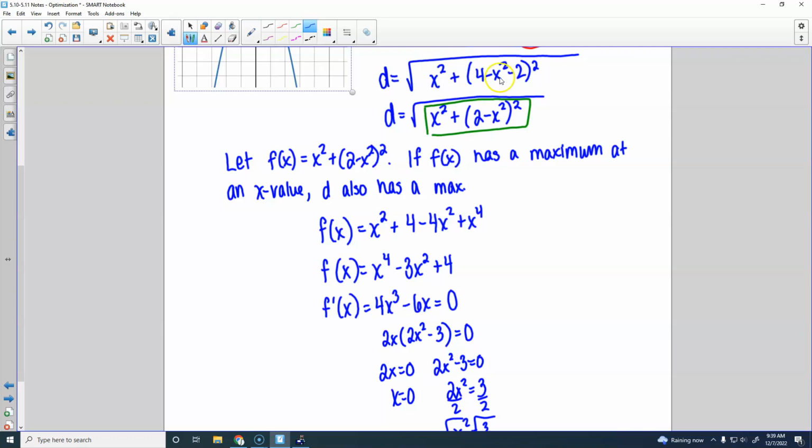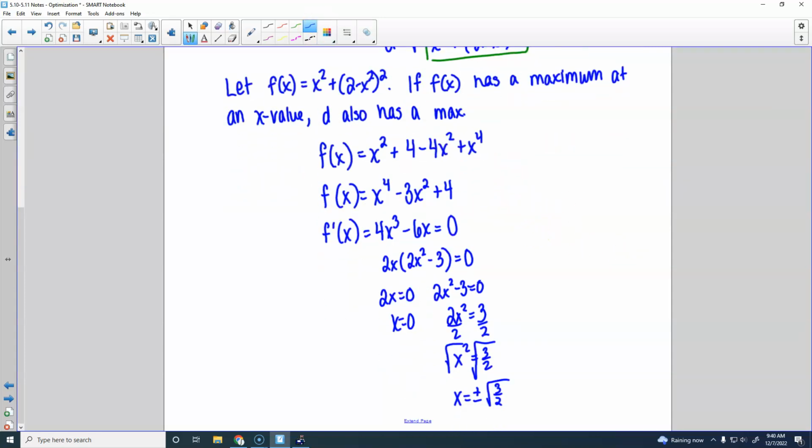So what we're saying is that if the stuff on the inside that I have in that green box, which I have called f, has its maximum value, like if it's the highest at square root of 3 over 2, then the square root of that also has to be the highest it's ever going to be. Because there's nothing else added to this, since it's all under the square root, if f has a maximum, then d is also going to have a maximum. So we are ignoring it. You cannot do that on every problem, but if you ever have a problem where everything's under the square root, you can, and it makes it easier. Okay?